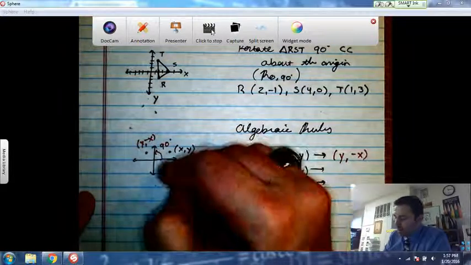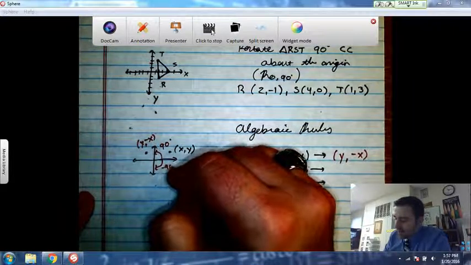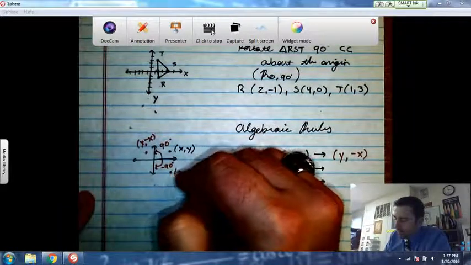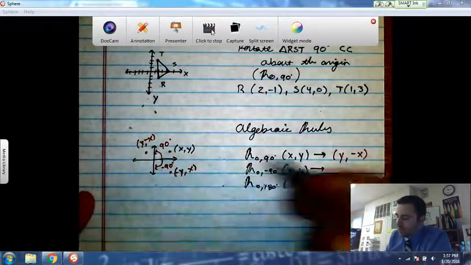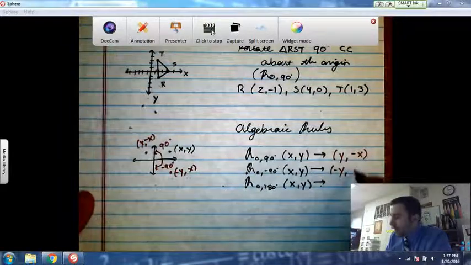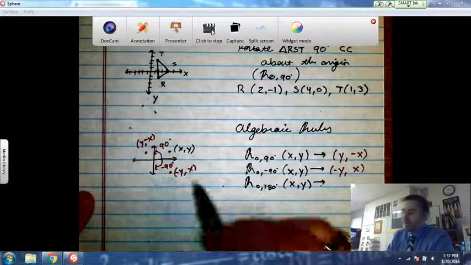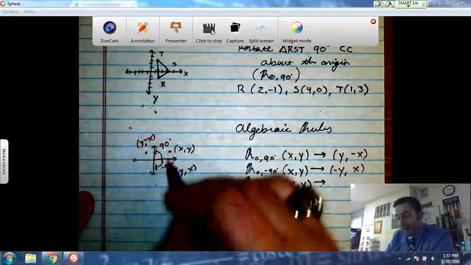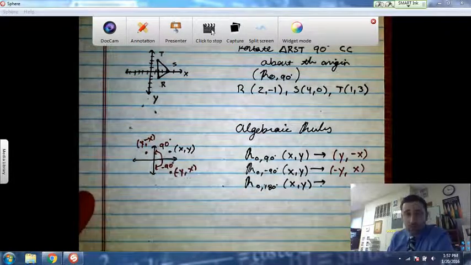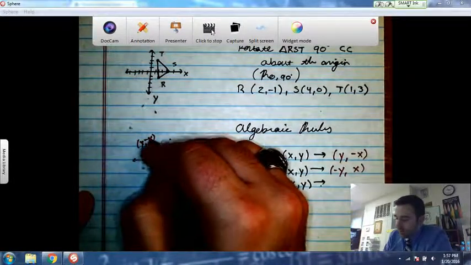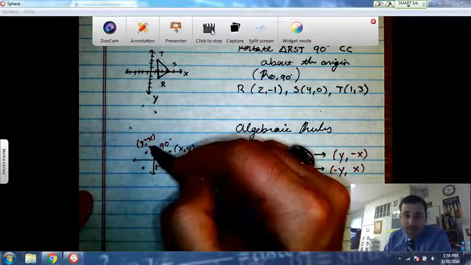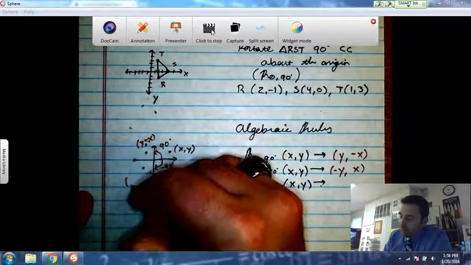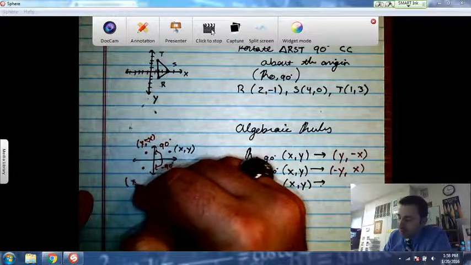Likewise, if I go a negative 90, so clockwise, x and y switch. However, now I'm on the negative branch of the y-axis, so an opposite y and x. If I go a full 180, either negative or positive, take this 90-degree rotation, for example. If I, again, move it another 90, I'm switching x and y.